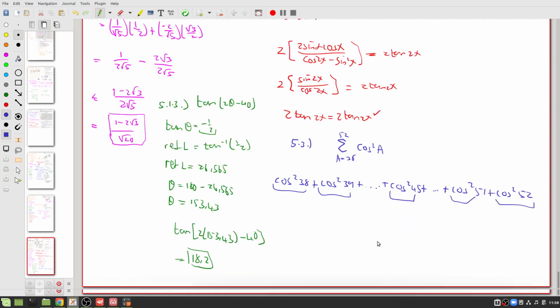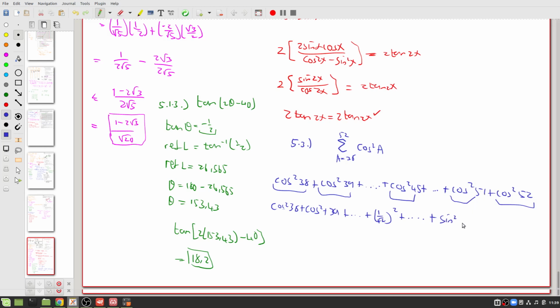Okay. So we can rewrite either cos in terms of sin, or sin in terms of cos. I'm going to keep these as cos. I'm going to say cos squared 38 plus cos squared 39 plus, and then cos squared 45 is 1 over root 2 squared, plus, keep going, and then instead of cos squared 51, I'm going to say that's the same as sine squared.